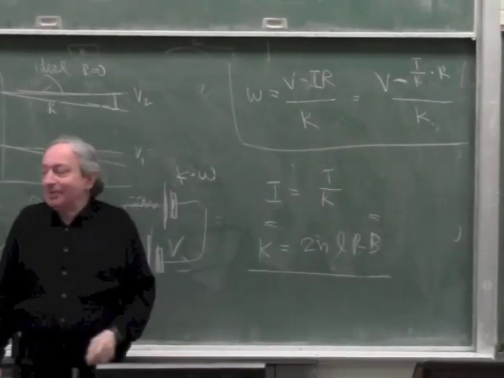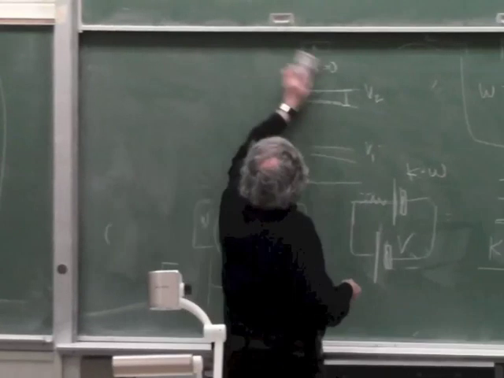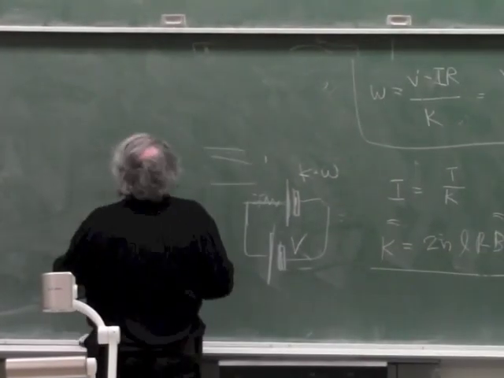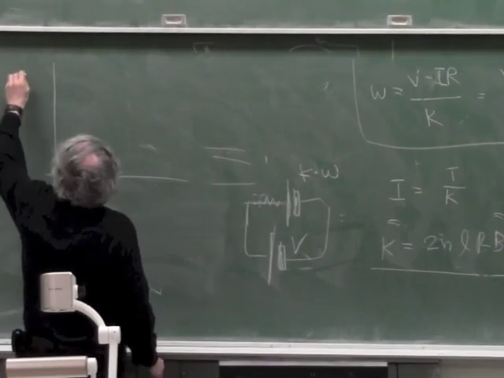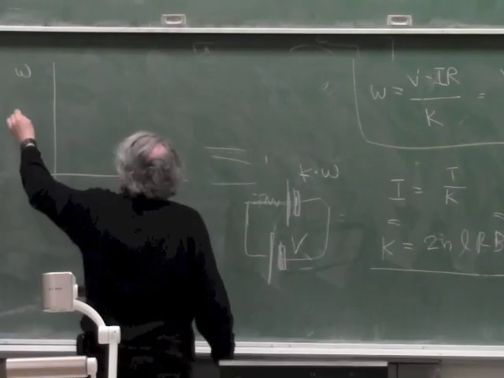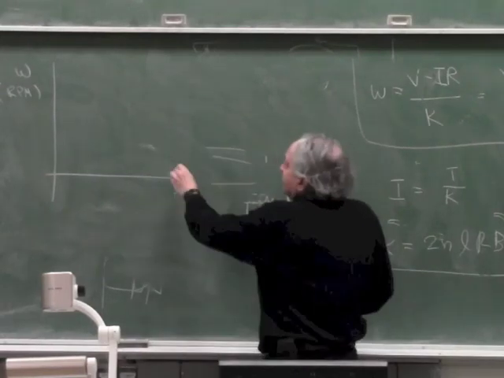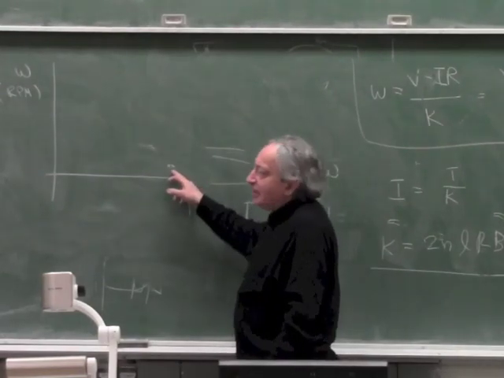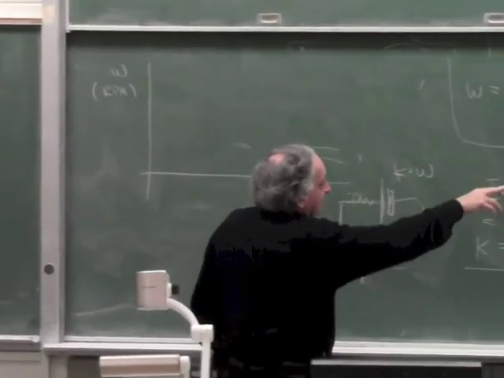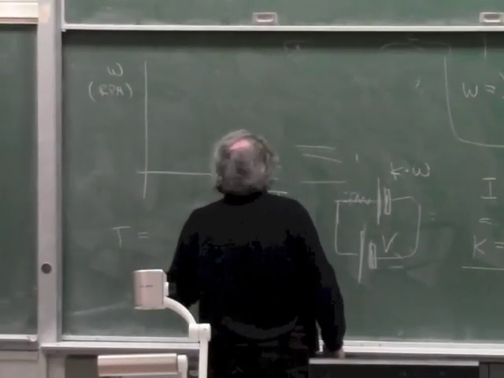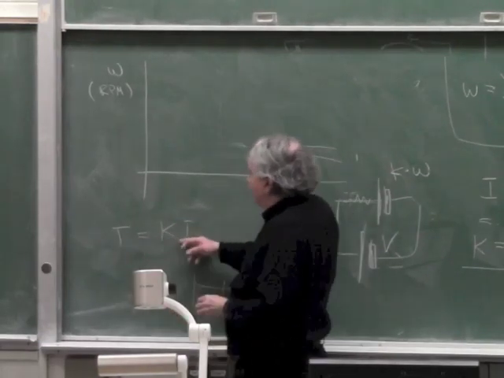So what happens, you get a behavior which looks like this. If this is omega or RPM, whichever unit you want, and this is torque. At very high torques, you have high currents, because we know that torque is Ki. So if you have high torque, you need high current.